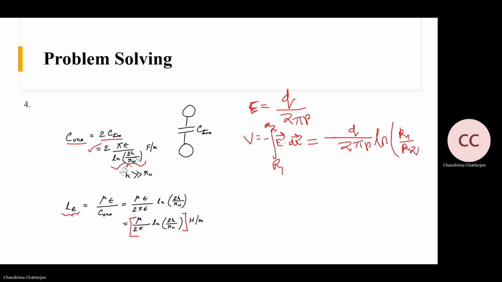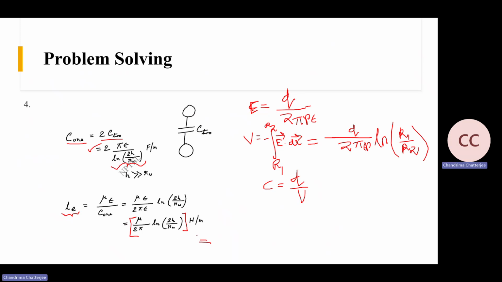And what is capacitance? It is Q by V. Sorry, there is epsilon also, 2 pi epsilon R. That's how we get this expression. So we can directly apply this expression to find out what is L.